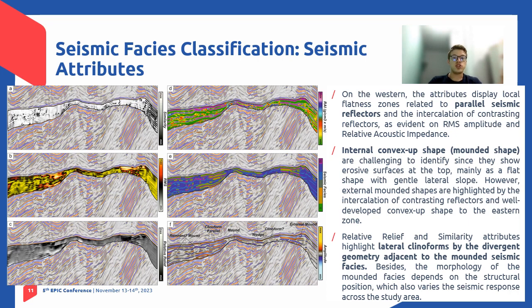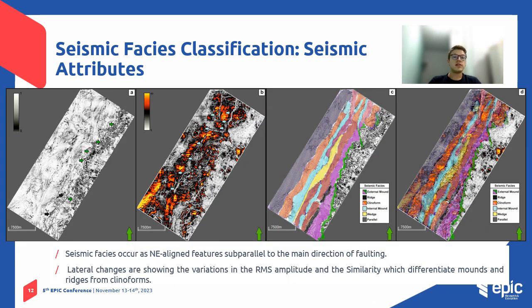Besides, the morphology of the mounded facies depends on the structural position of the faults. For that reason, these structural attributes are really useful for us. It's easy to see the seismic facies on map view.